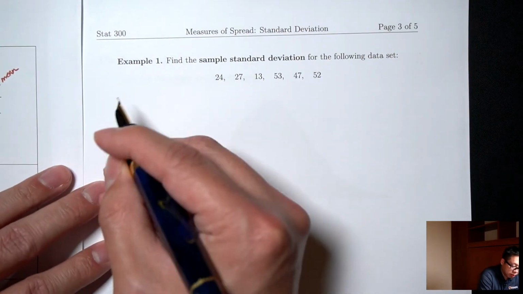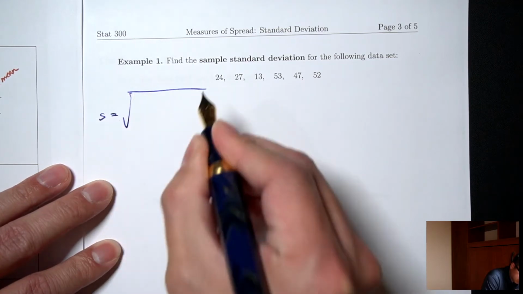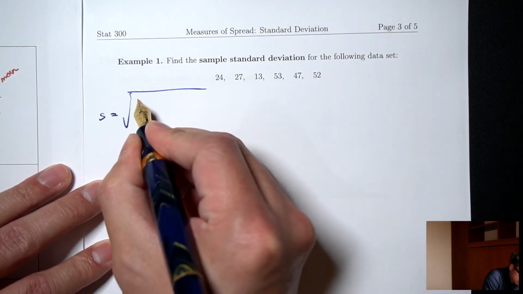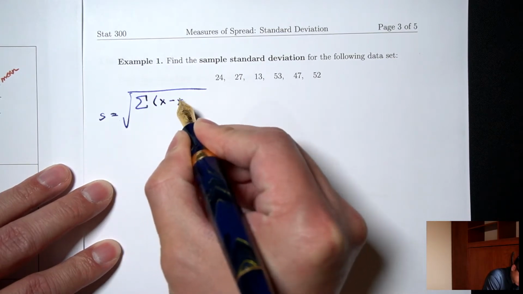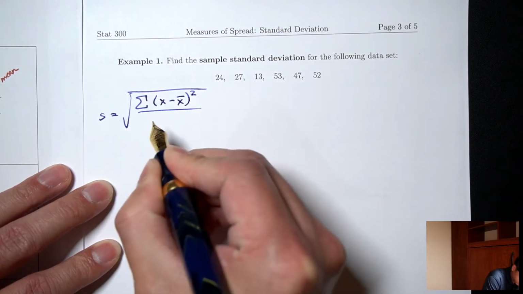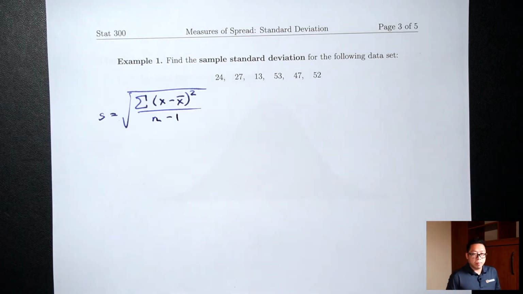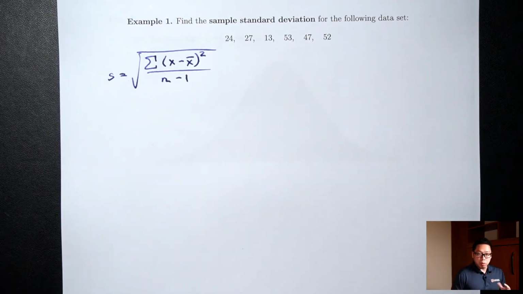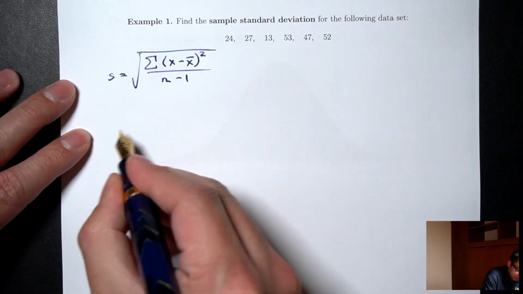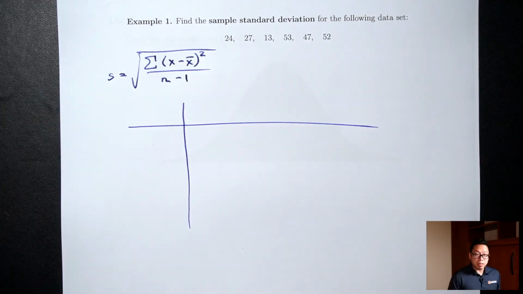So that formula is: standard deviation is a big square root. Inside the square root, it's that symbol, the sum of (x minus x bar) squared. On the bottom, n minus 1. Let me make a table just like we did on that very first page. And I want to list my data.